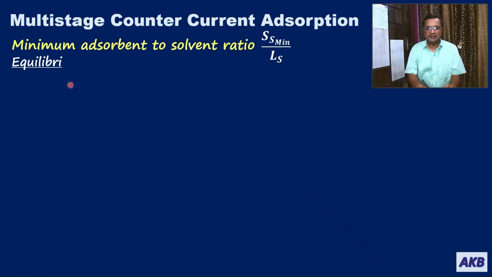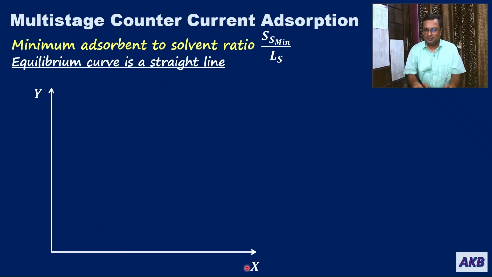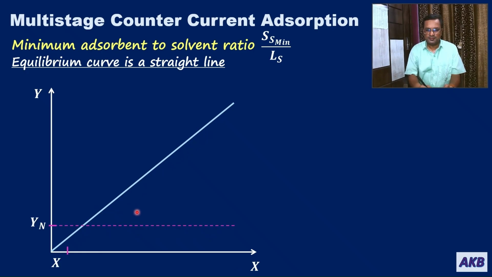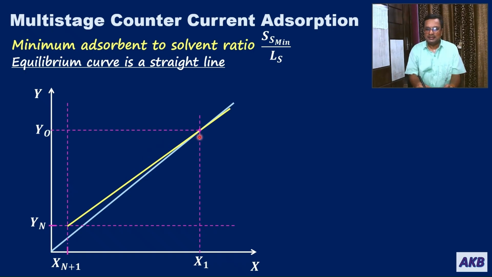Now let us see how to locate the pinch point if the equilibrium curve is a straight line. I will show that. You have the equilibrium curve, and it is a straight line. Then you have two points. The operating line will start at point Q, and then it will touch the equilibrium curve at the other end, the left end or concentrated end of the equilibrium curve.